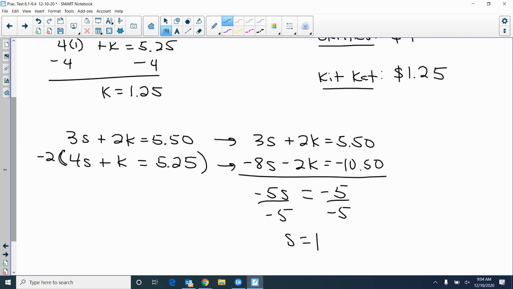Oh, I was thinking about eliminating the s's. Oh, okay, I'm confused about that. Does it matter? No. We did the k's because if I wanted to eliminate the s's, I would have to multiply this one by 4 and this one by negative 3. If I only have to multiply one of the equations by something, it just makes life a little bit easier. I get it.